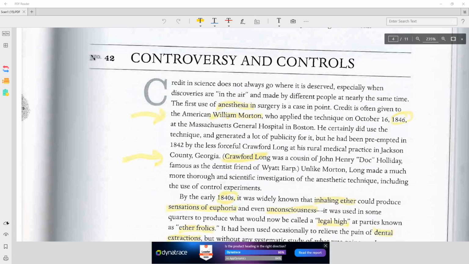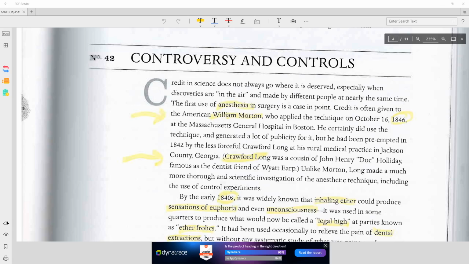Credit in science does not always go where it is deserved, especially when discoveries are in the air and made by different people at nearly the same time. The first use of anesthesia in a surgery is a case in point.